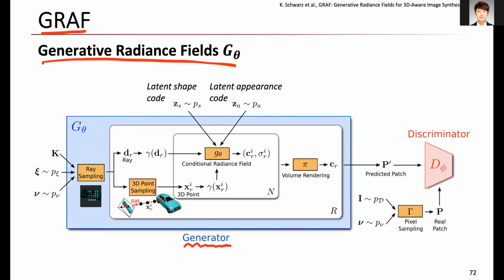And because they want to consider the camera pose, there is one more, K, the camera pose, with a few more parameters, xi and v. They randomly sample rays for the neural radiance field and train this G theta function, which is just an MLP module, to model the color and density of the 3D space.